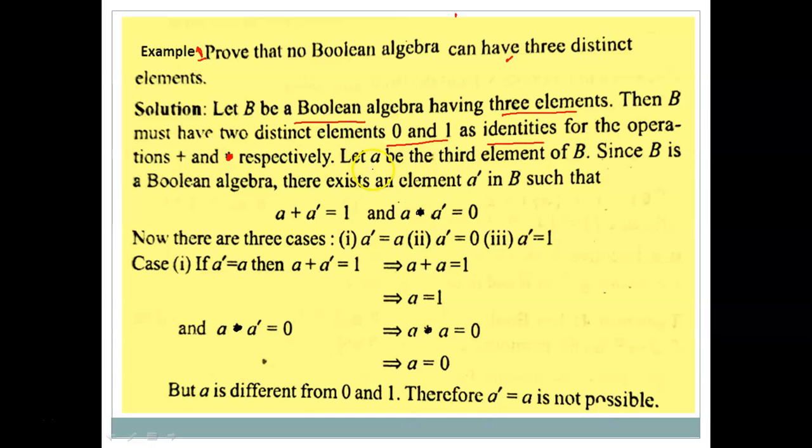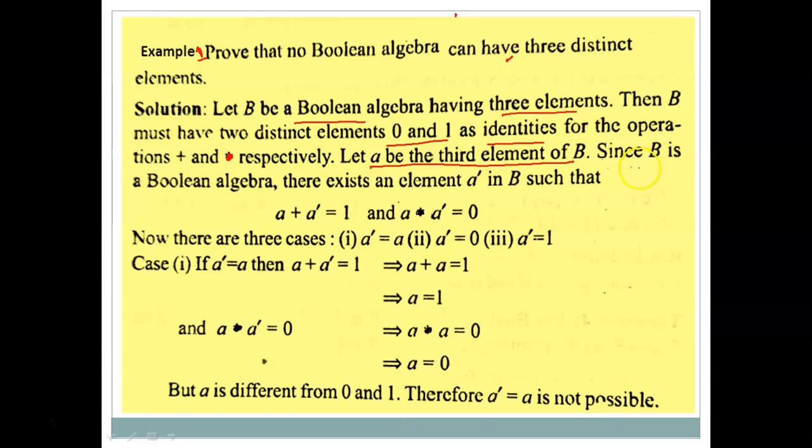So here we want to show that a Boolean algebra cannot have exactly three distinct elements, and here we are considering that B has three distinct elements. So obviously two distinct elements are 0 and 1. These must be there in every Boolean algebra, and then we consider that A is the third element of B.